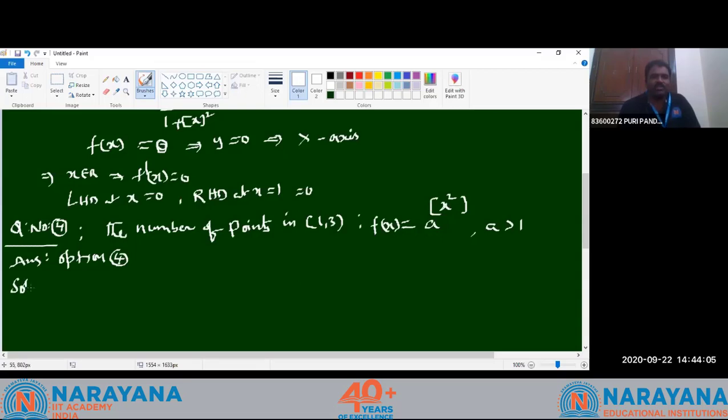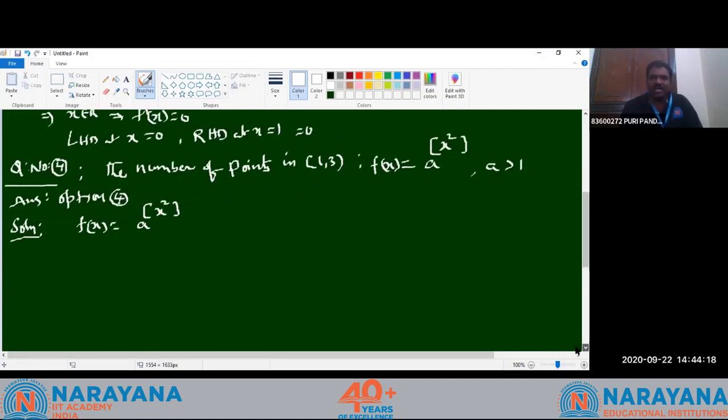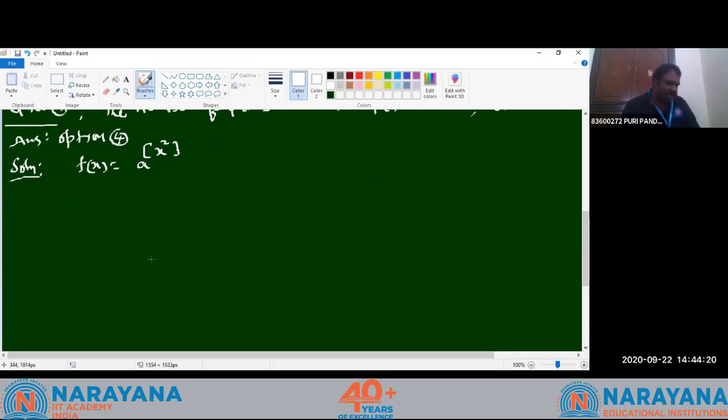Solution: f of x is equal to a to the power of step of x square. This is what we can take here, a to the power of f of x square.